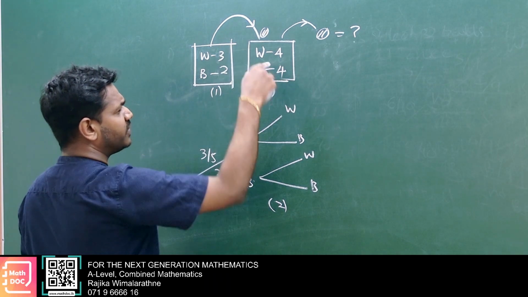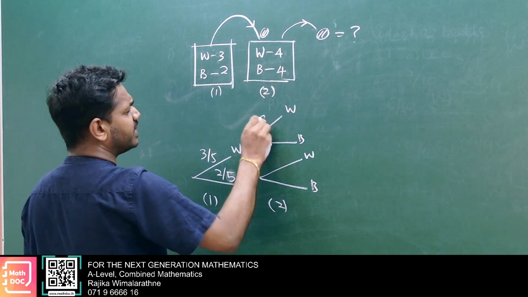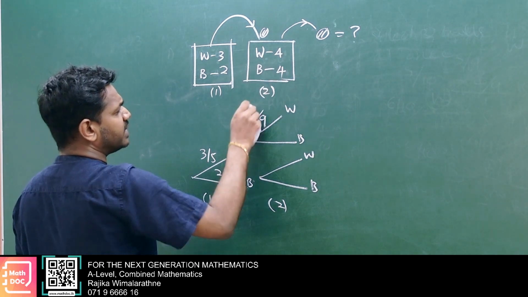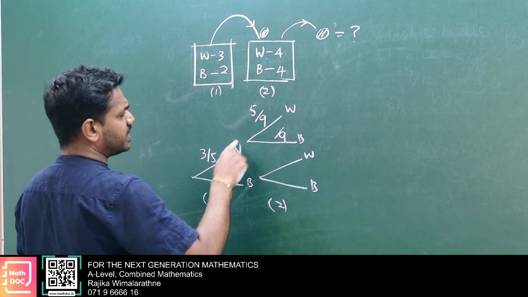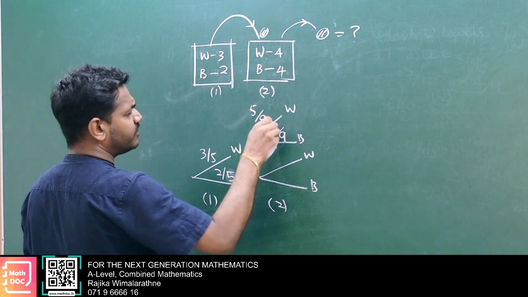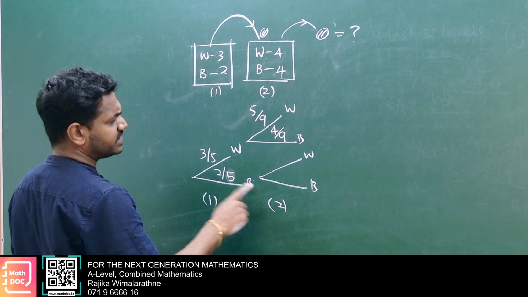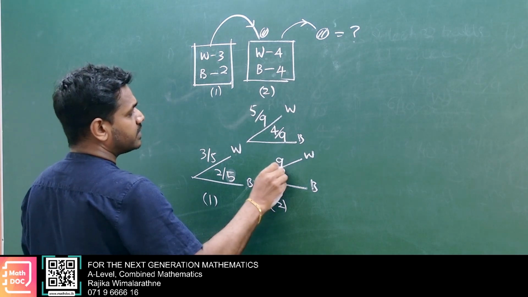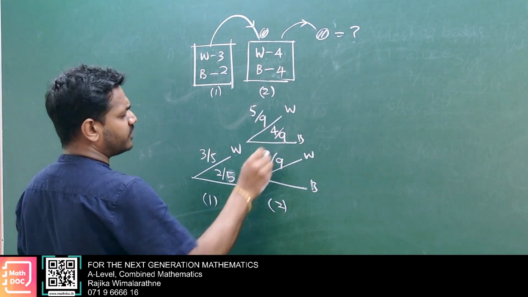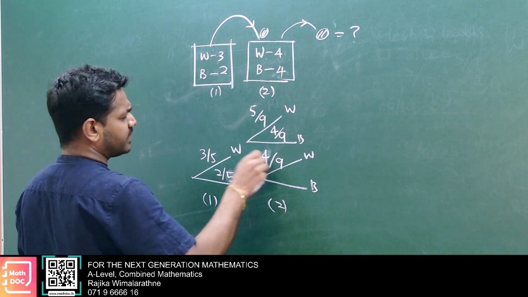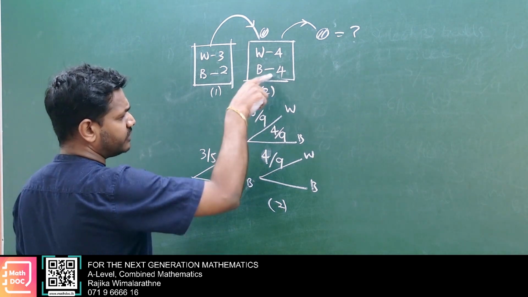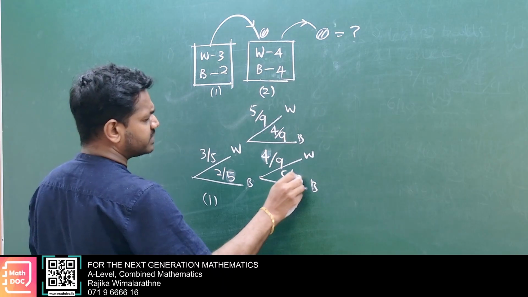When I put the white ball here, all together here 8, now 9. So 5 white balls now, and only 4 black balls. Here a black ball is taken and put here. Then all together 5 black balls, then 4 white balls. So black ball is selected, now we have 5 black balls.